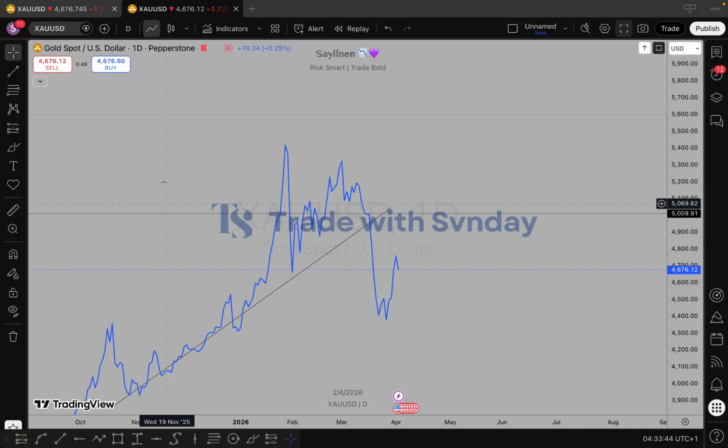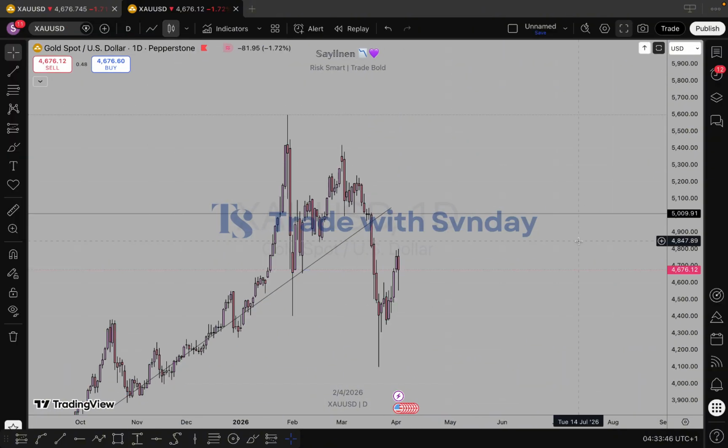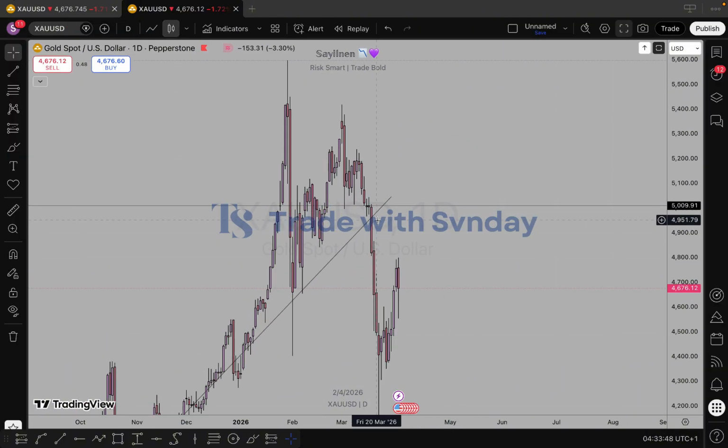Yes, exactly. So if you notice, this level which we marked out from the daily time frame, which was around 5,013, I made a little mistake and moved it a bit lower, but it should be here, 5,000, somewhere right here.